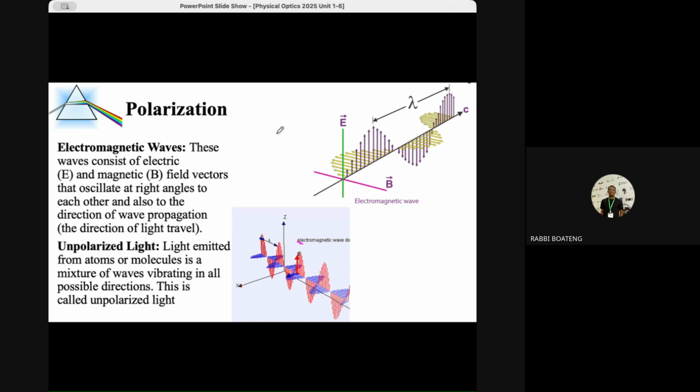You can think about it like a point of light, a ray that is going this way, and supposing we observe it from one end here, you can see that the vibration may be going in all angles that we don't even expect. Vibration in all angles, exactly. A situation like this is what you call unpolarized light.